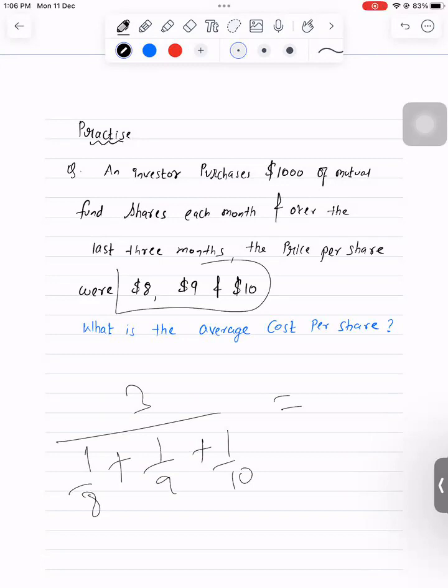So 3 divided by 1 by 8 plus 1 by 9 plus 1 by 10. Solve this and tell me what answer you are getting. Okay, it will be 8.92. This will be the harmonic mean.